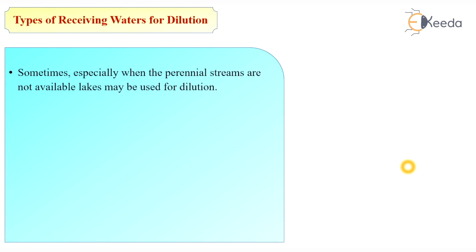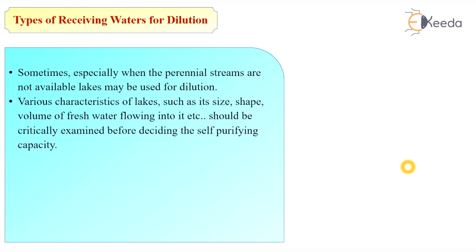Sometimes, especially when perennial streams are not available, a lake may be used for dilution. Various characteristics of lakes such as its size, shape, volume of fresh water flowing into it, etc. should be critically examined before deciding the self-purification capacity.